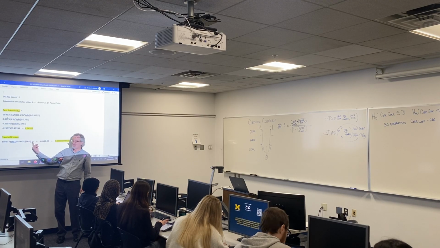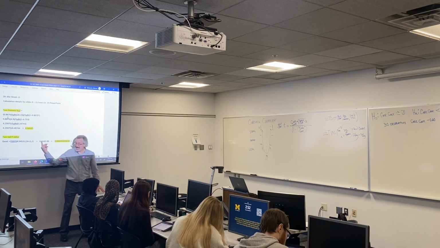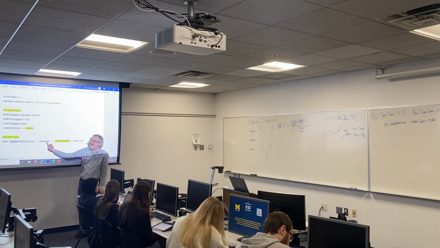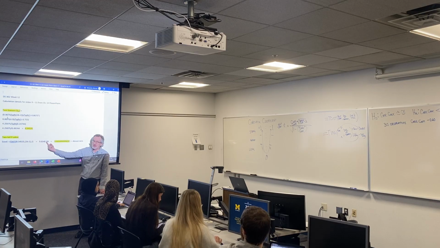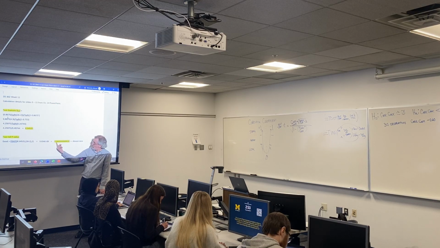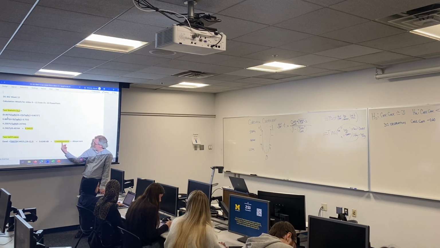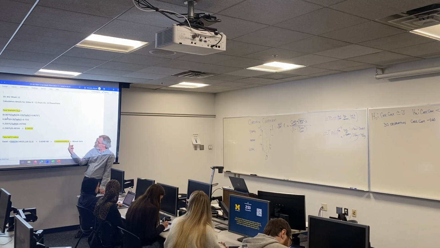How many tails? 2 tails. Look at this, 9.634 e to the negative 09. That means you got to move the decimal 9 places to the left: 0.000000009634. Almost 0. It's so small.